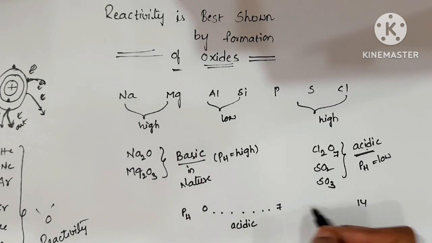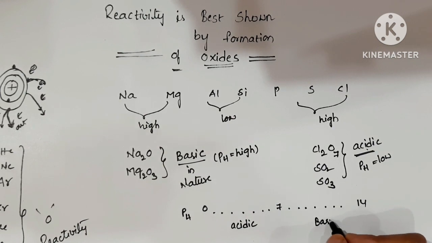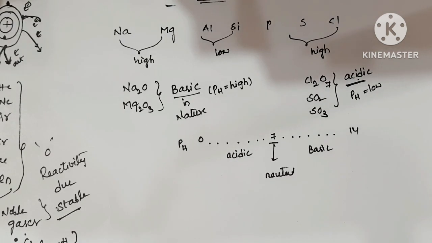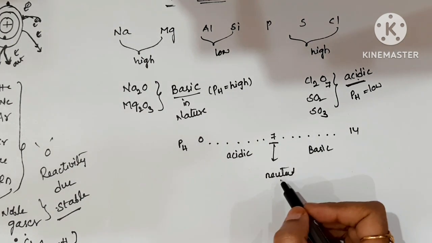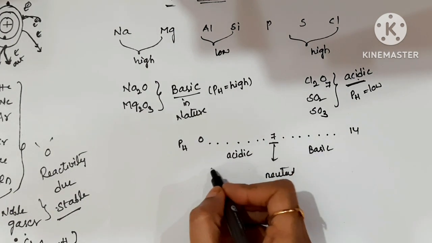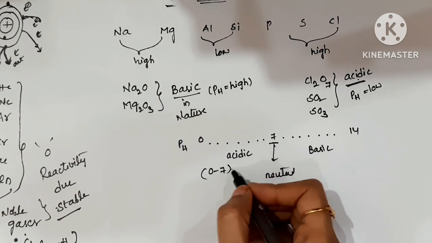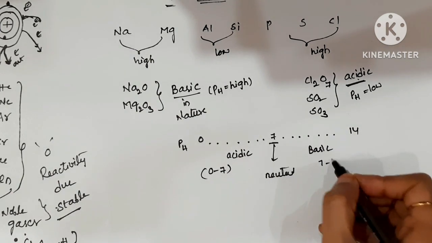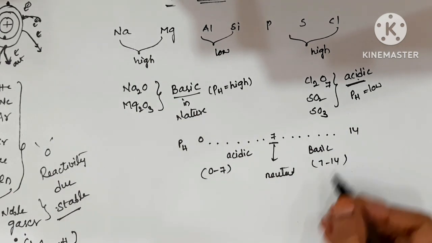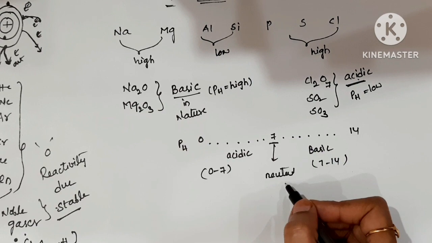When it is 7 to 14, basic in nature. 7 is neutral, right? So 0 to 7, acidic character. 7 to 14, basic character. And 7 is neutral.